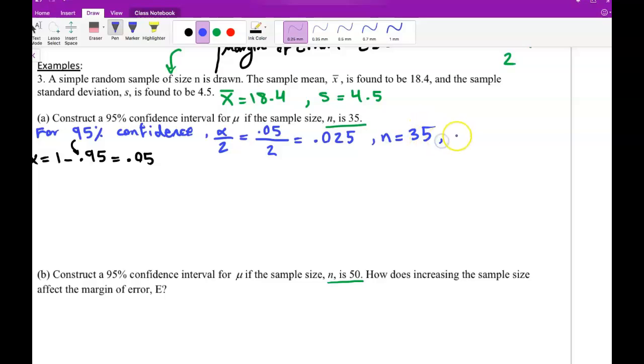So based on that, finding degree of freedom. In the previous examples, I didn't use this sample size. We directly use this degree of freedom. Degree of freedom is n minus 1. So 35 minus 1, degree of freedom is equal to 34.